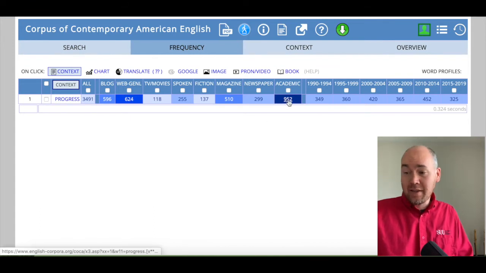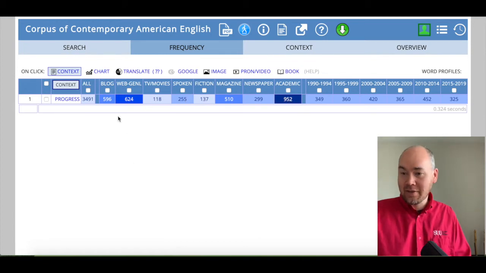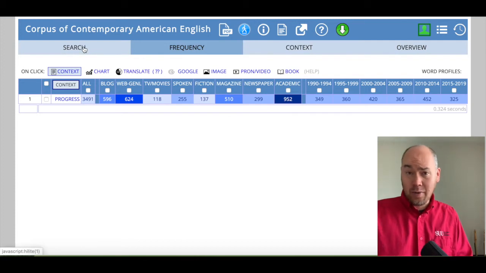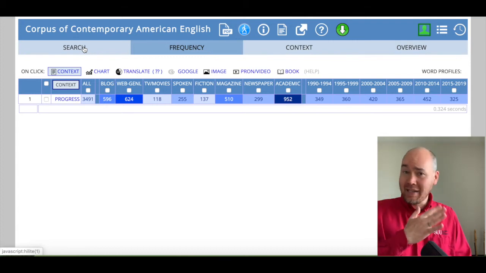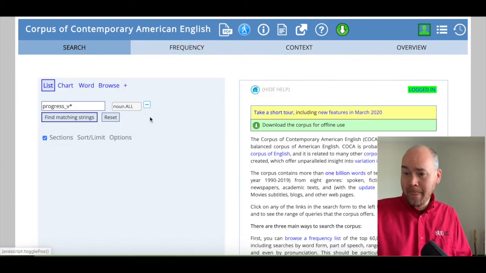So progress the verb is less common overall, but it's also the most common in academic writing, not in spoken, fiction, TV, anything else. So both of these words are quite common, quite safe to use in academic writing. And if I had to choose between the verb and the noun, I would probably want to use the noun instead. Okay.